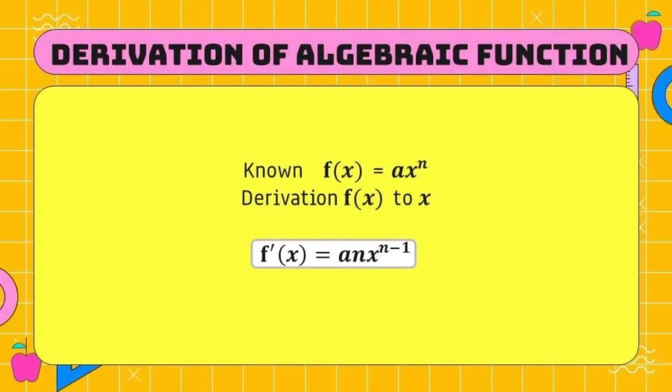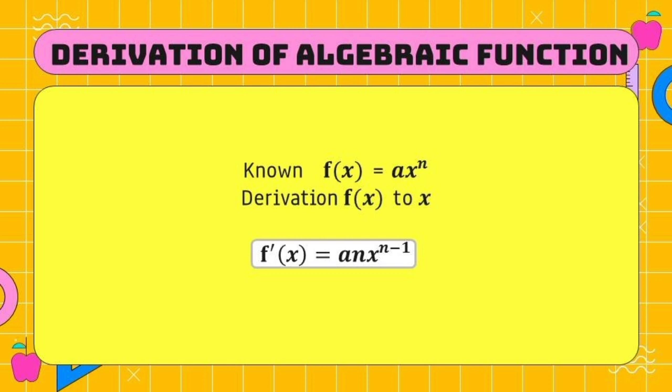For the derivative formula for the algebraic function, pay attention to the formula below. It is known that the function f(x), for example, is ax^n. A is a coefficient, x is a variable, and n is the power.